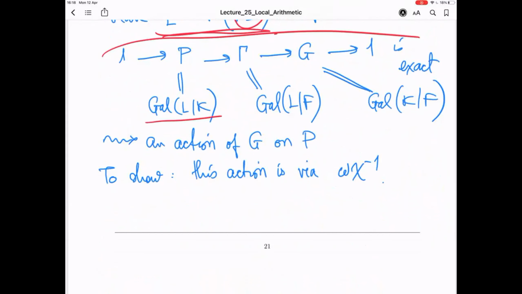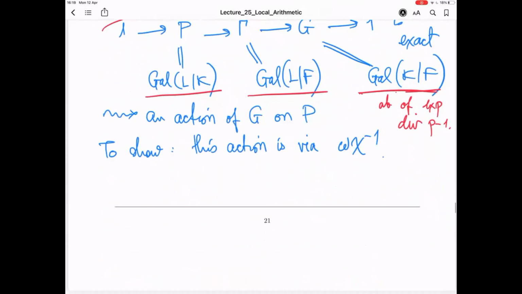This is the Galois group here, which is cyclic of order P. This is the total Galois group, and this is abelian of exponent dividing P minus 1. So that gives you an action of G on P, as I've explained. And we have to show that this action is via omega chi inverse, right?